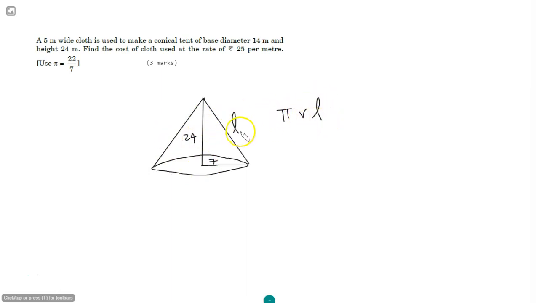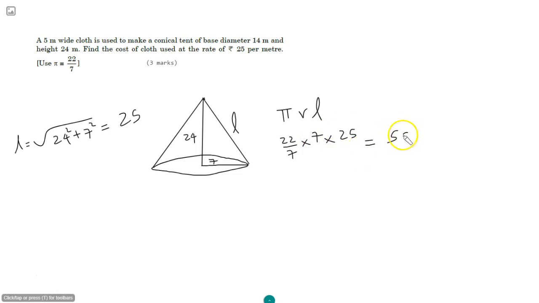To find the slant height L, you can use Pythagoras Theorem. So L is going to be root of 24 squared plus 7 squared, which is 25. So the curved surface area is going to be 22 by 7 into 7 into 25, which is 550 meter square.